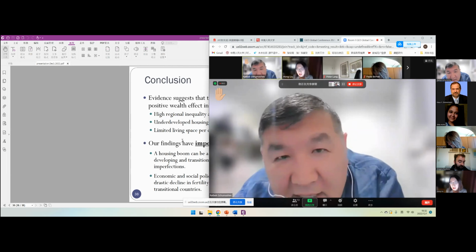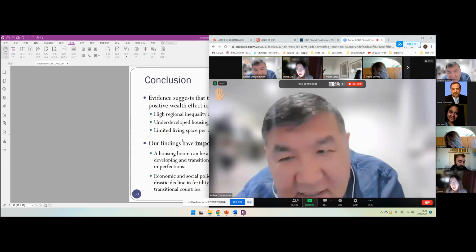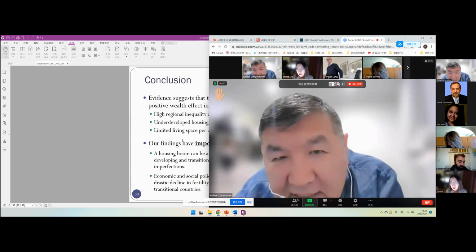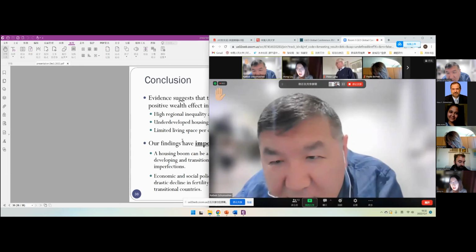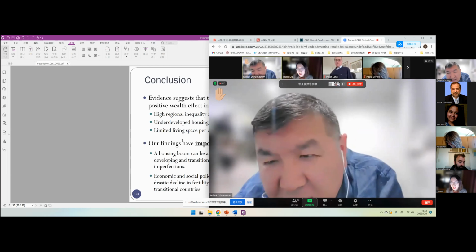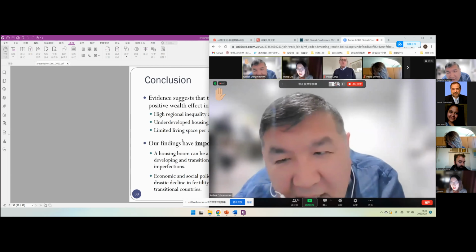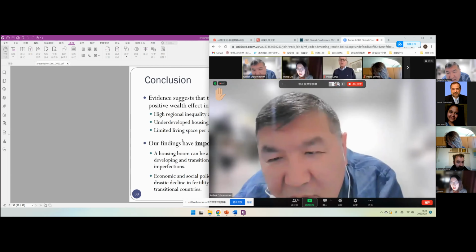So house prices might increase, but maybe they're increasing faster than your income. So even though your asset prices are higher, income might be relatively falling. So in that case, maybe you can see something similar to what we found, but you are not really taking into account this ratio between house prices and income, right?